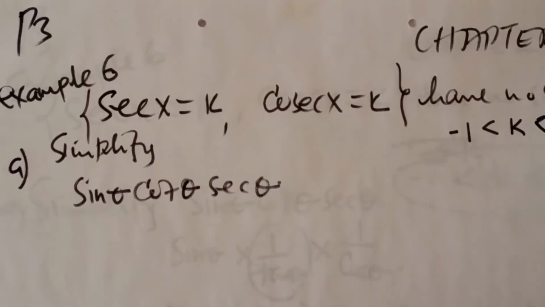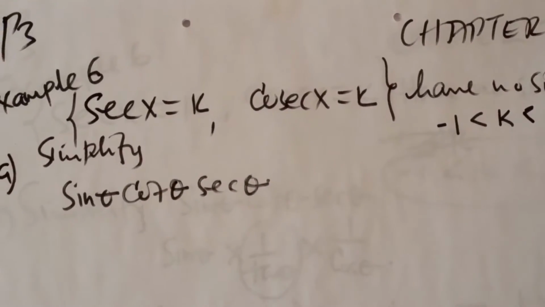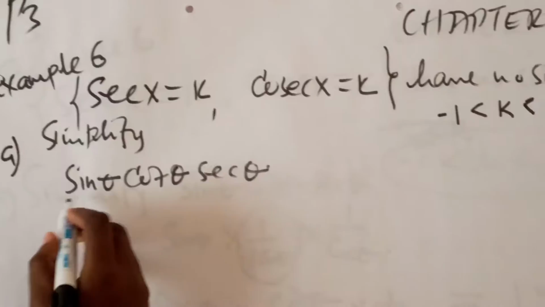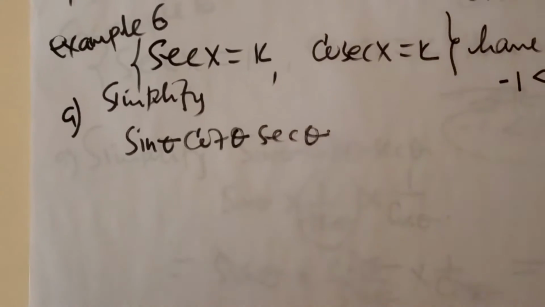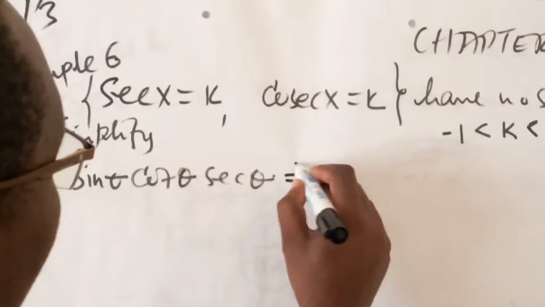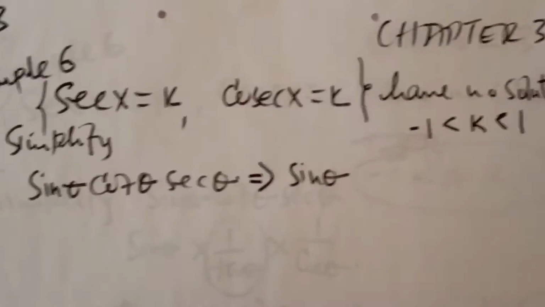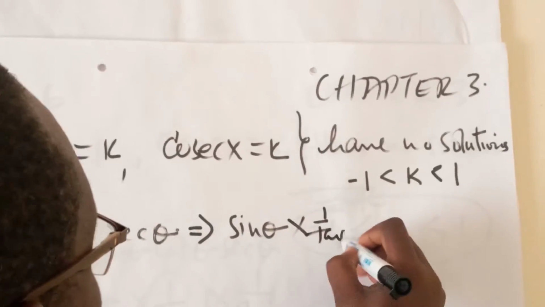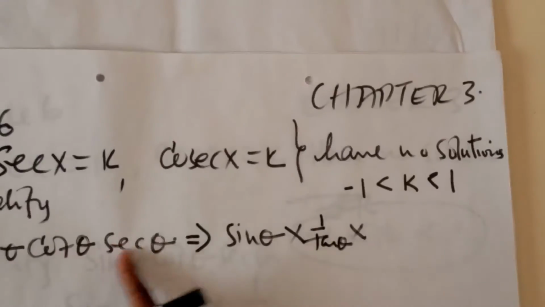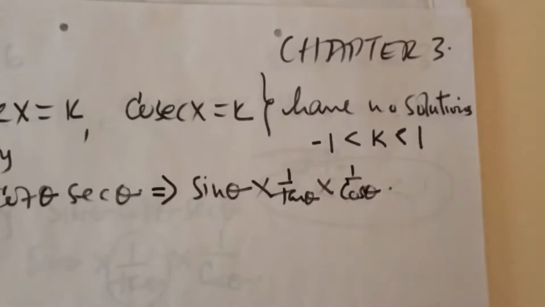In an attempt to do it, you realize that sine theta is a primary trigonometric ratio and it remains that way. So sine theta, cot theta is a secondary ratio, so that means 1 over tan theta times sec theta, which is 1 over the cosine of theta.